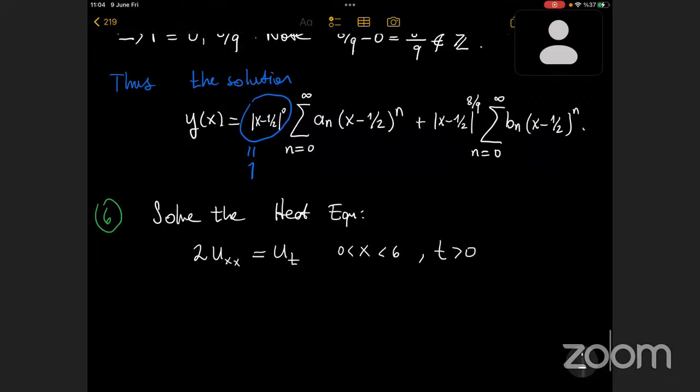And u(0,t) is equal to u(6,t) is equal to 0. These are boundary conditions. And u(x,0) is equal to x.